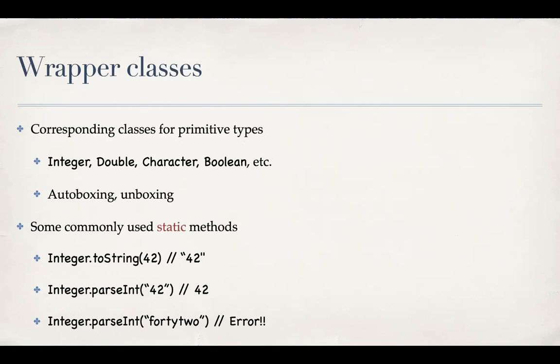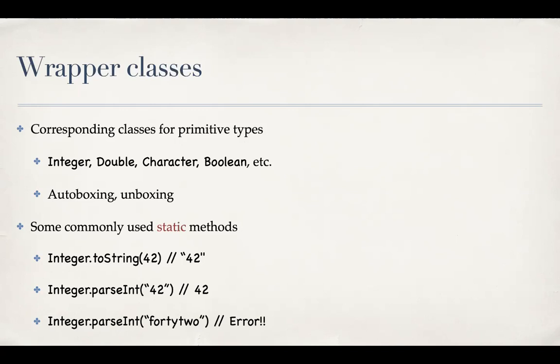But it has certain disadvantages. The primary one is that if you want to create an aggregate type, a collection, say a list or a set of anything, it has to be a reference. So you cannot create a list of ints; you have to create a list of some objects.